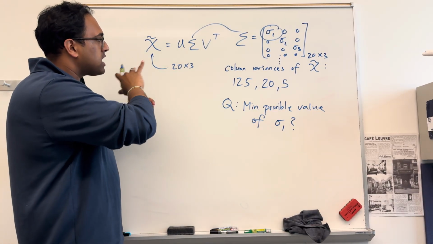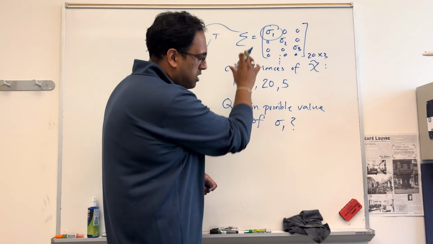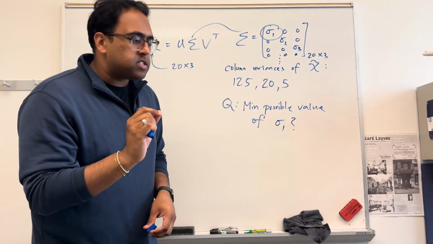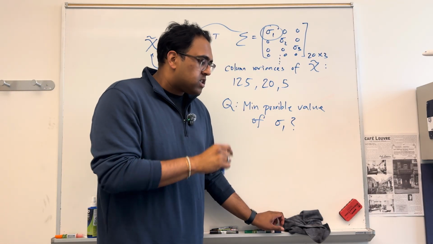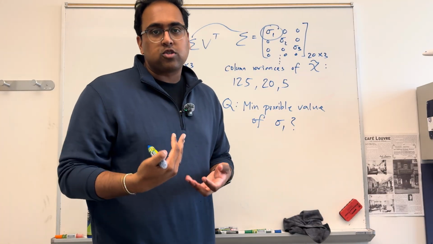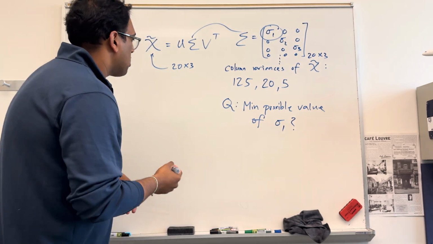Now, what's going on here? Remember, there's a connection between singular values, that is the sigmas on the diagonal of this matrix, and the variances of something. That connection relates the sigmas to the variances of the principal components, which are those new features we are creating by taking optimal linear combinations of our original features.